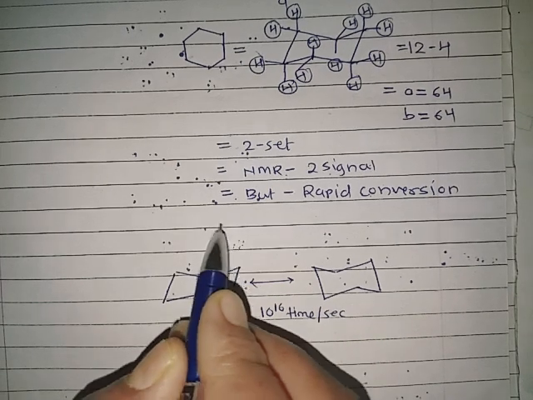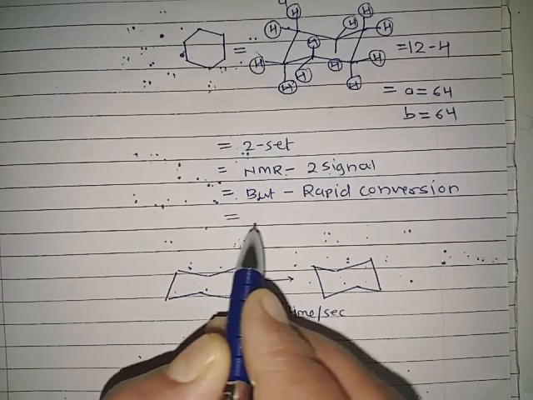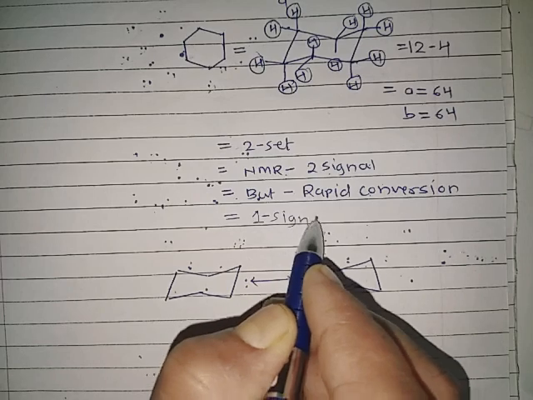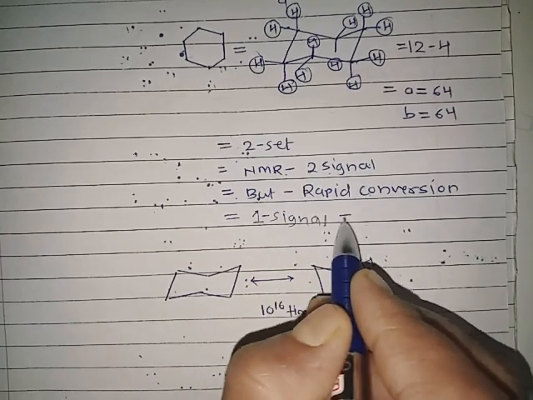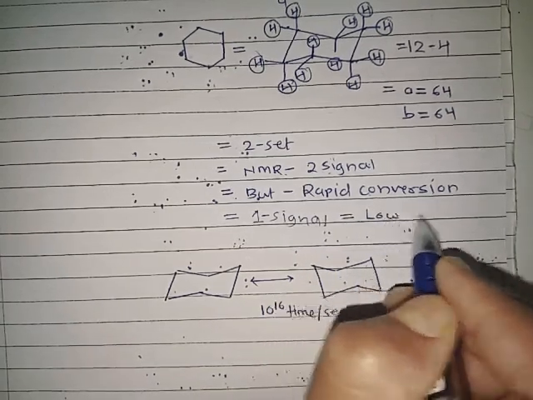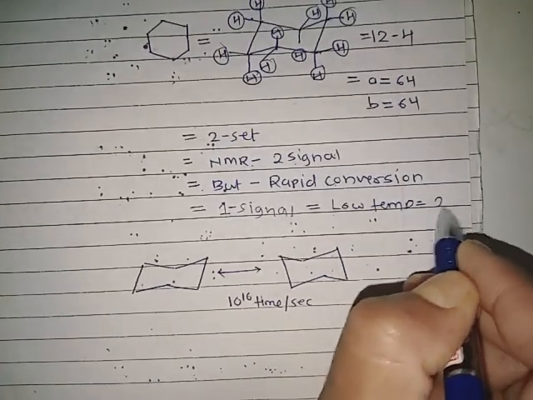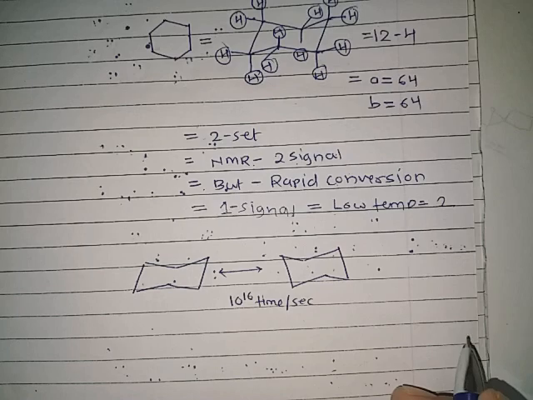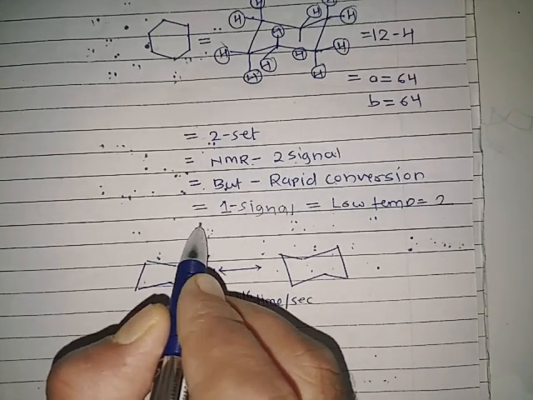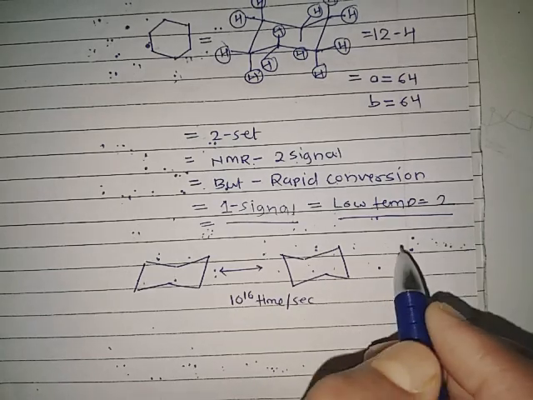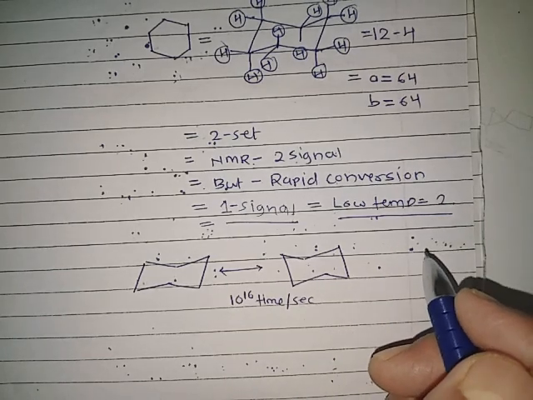Therefore, in cyclohexane we observe only one signal, but at low temperature the molecule freezes and it will show two signals. At room temperature we will see one signal, but at very low temperature we can observe two signals.